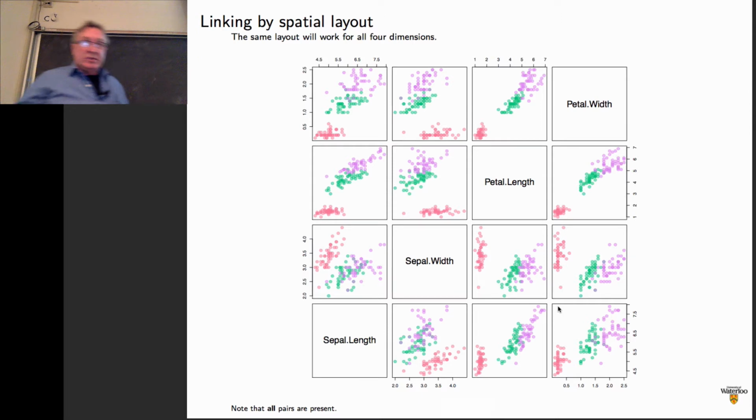What's cool about this, which doesn't work for RGL, is there's nothing special about 3 dimensions. So we can look at all 4 dimensions in a pairs plot. And all we're doing is any row has a common vertical axis. Any column has a common horizontal axis. So we won't get that with rotation in 3D, because it's actually a 4-dimensional cube.